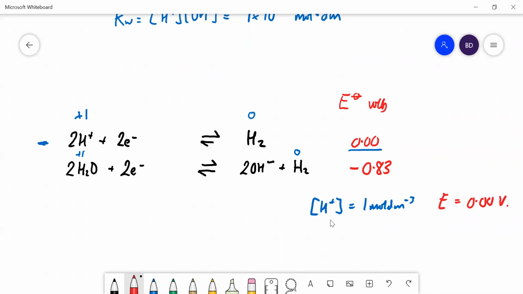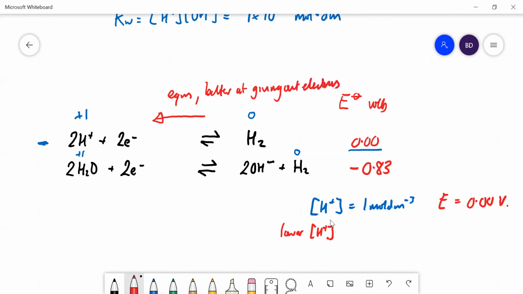Now imagine if we lower the hydrogen ion concentration, what's it going to do to the position of this equilibrium? If we lower it, the equilibrium is going to move that way. So that means it's better at giving out electrons, so it's going to become more negative.